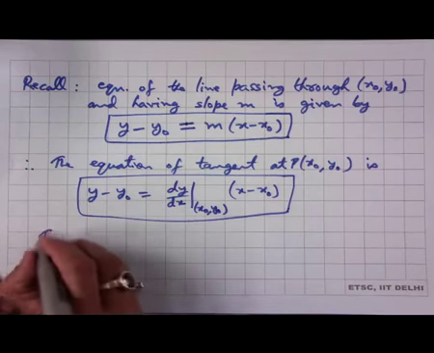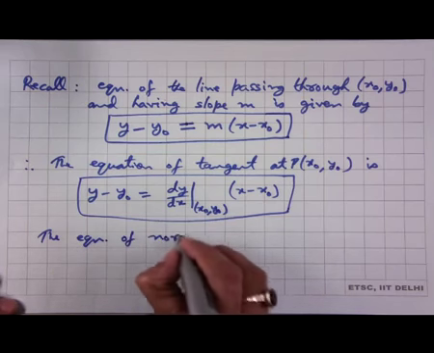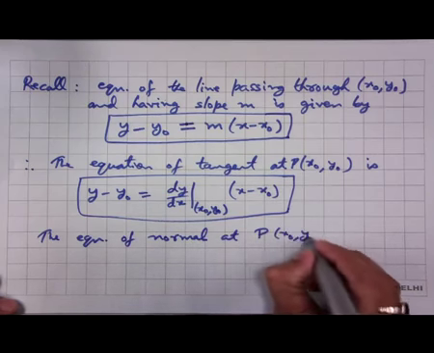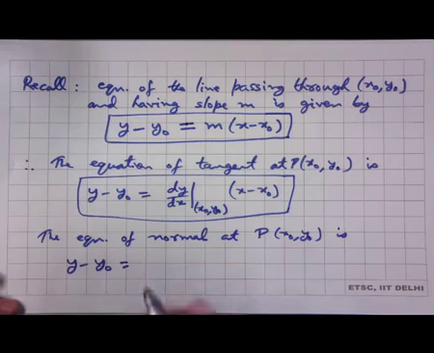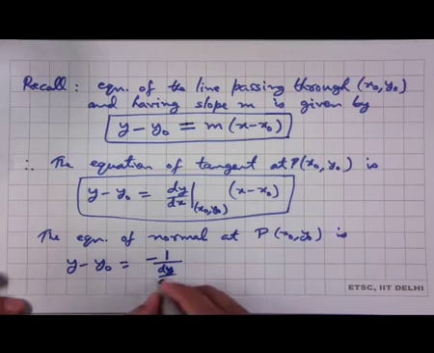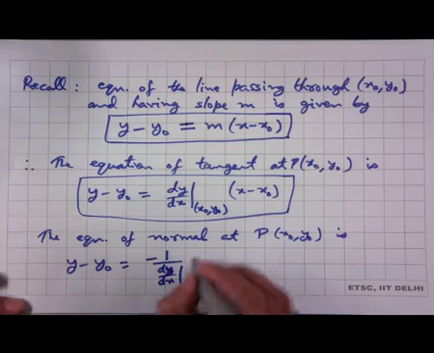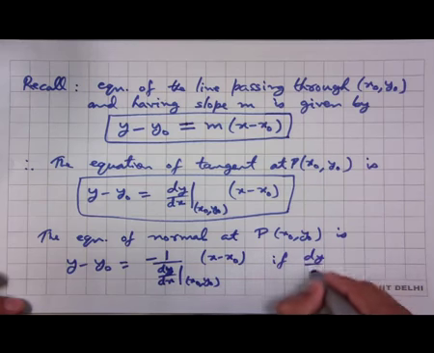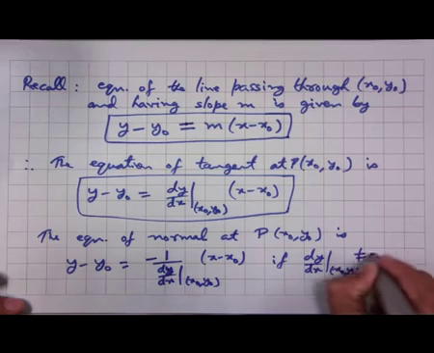And the equation of the normal at the point x naught y naught is y minus y naught is equal to minus 1 by dy dx at x naught y naught times x minus x naught, if this dy dx at x naught y naught is non-zero.